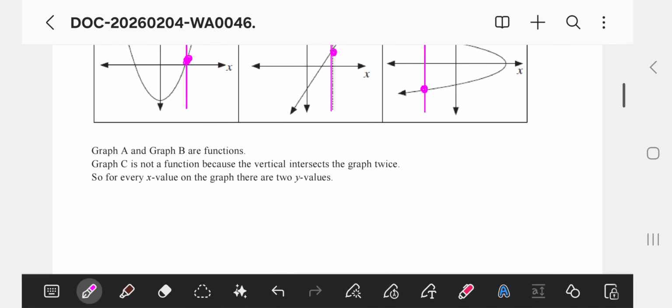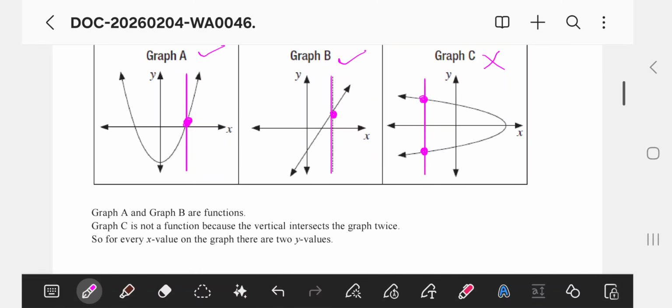And that is what it actually states in the information at the bottom. It says, graph A and B are functions. Graph C is not a function because the vertical line intersects the graph twice. So for every x value on the graph, there are two y values. That makes sense, right?